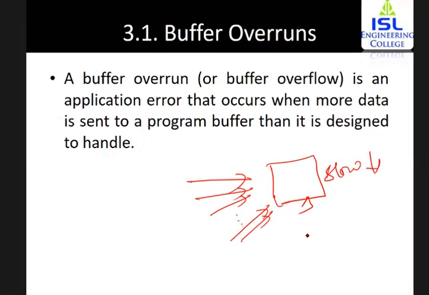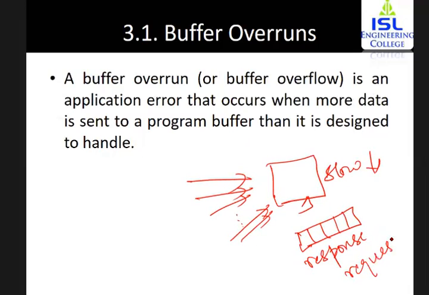This particular software has a specific buffer that can respond to a specific amount of requests at one particular time. So you're sending multiple requests at a time, this entire buffer gets full, and this is going to slow down the speed of the server system. The server is going to slow down.